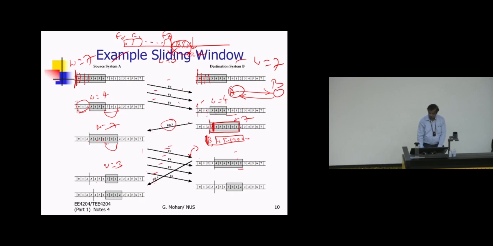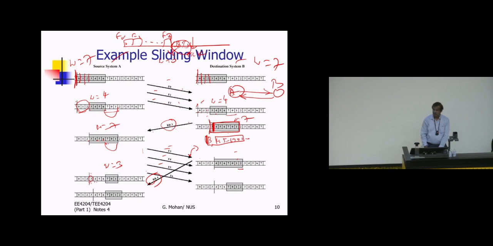Is that fine? Now, when RR4 is received, note that RR4 doesn't acknowledge 4 frames. RR4 is not acknowledging frame number 4. RR4 acknowledges the frames prior to 4, frame 3, 2, 1, 0, etc. Okay? So when it is received, before 4, there is only one frame, 3.